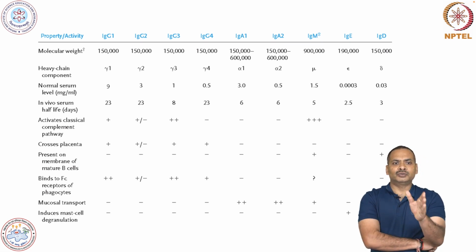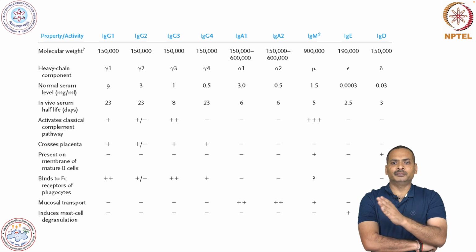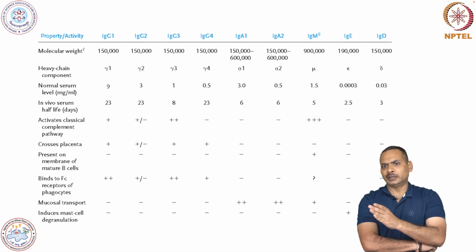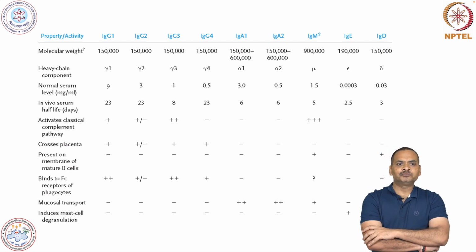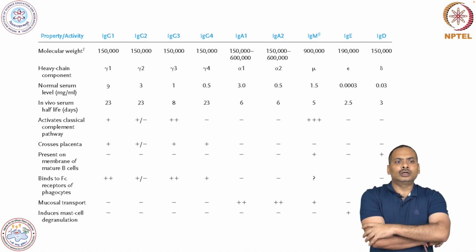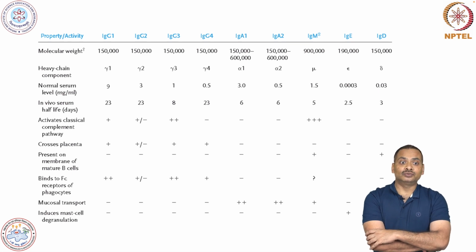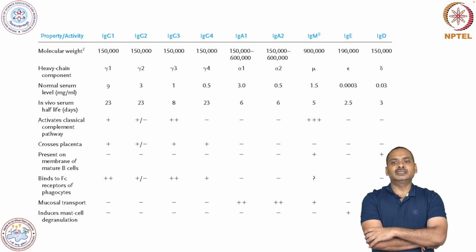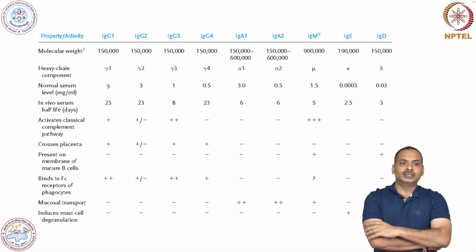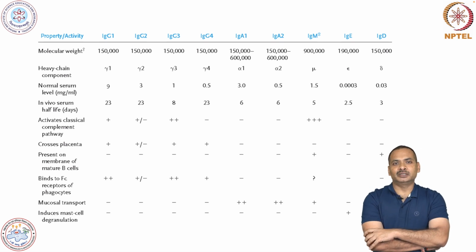There is gamma 1, gamma 2, 3, 4, alpha 1, alpha 2, mu, and epsilon and delta. And there is a normal serum level also given, and here you can see that IgG1 is present in quite a high amount. It's about 9 milligram per ml.